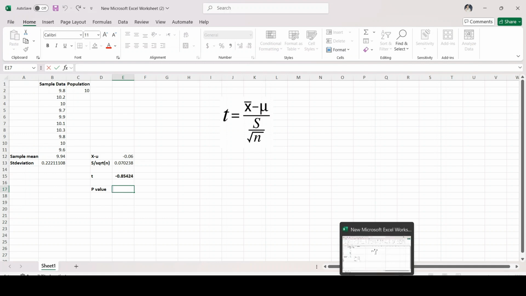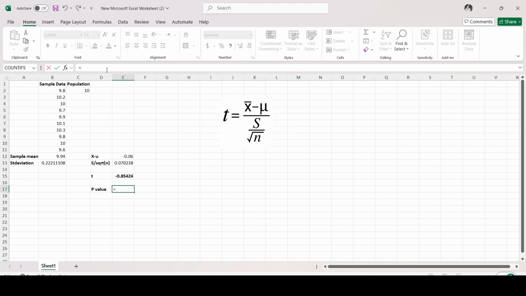If a not equal sign is used in the alternative hypothesis, that means it is a two tail test, because we are not sure which direction we have to see. So for that, the p value we just have to find by t distributions, right? There are specific functions for two tail test and right tail. Here the not equal symbol is mentioned, so we can decide it is a two tail test, right?